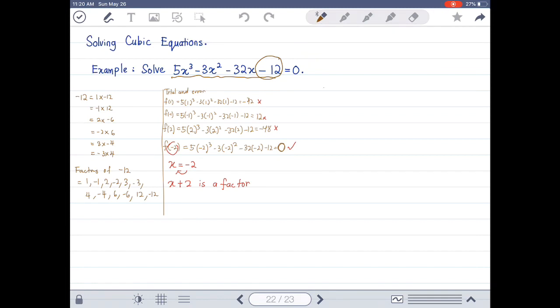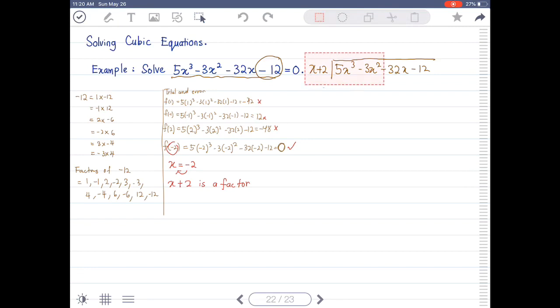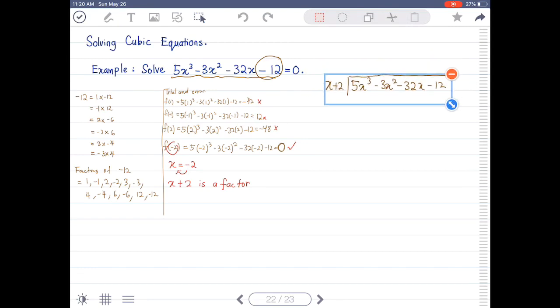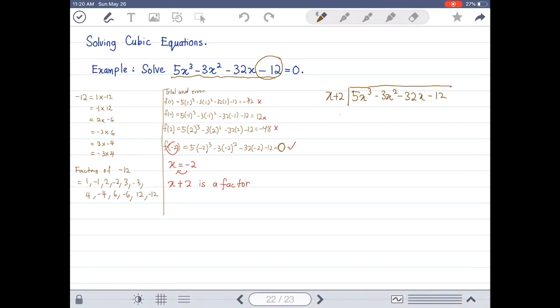So we have 5x to the power of 3 minus 3x squared minus 32x minus 12, divided all this by x plus 2. Okay, I'll move to the right hand side a bit. Right, so now you do the long division.